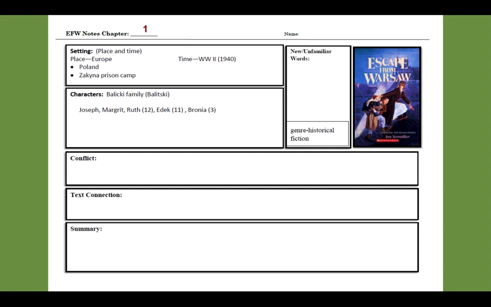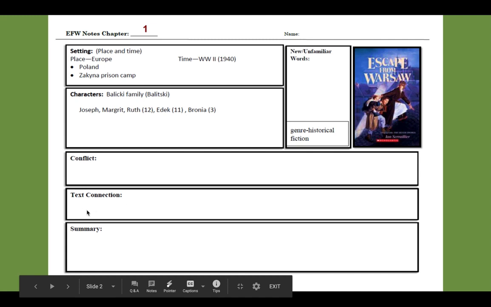Then we have those external conflicts, man versus man. It's the same thing as if we said character versus character, man versus nature, man versus society. Okay, so those are some of the types of conflicts we'll talk about.